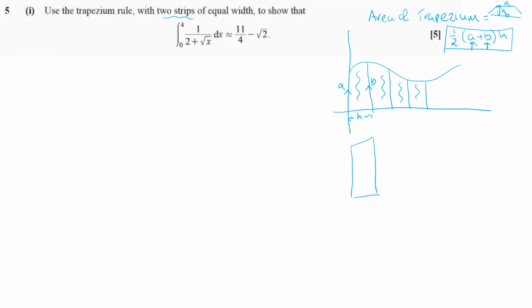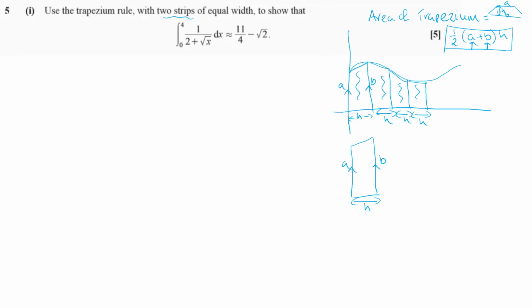So my diagram here has got 4 strips. In this question we're just going to do 2 strips, but you can see that the parallel sides, when we draw the trapezium, these are our a and b, and what we need to do is make each trapezium an equal width h. So these should all be equal width h along. And then the area under the curve is just going to be the summation of all those trapezia.